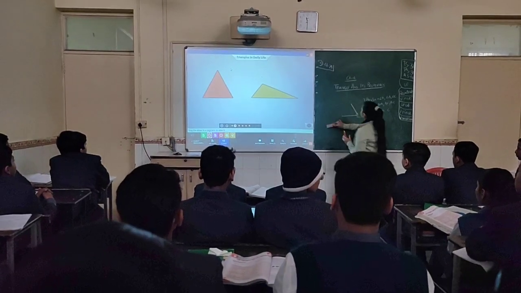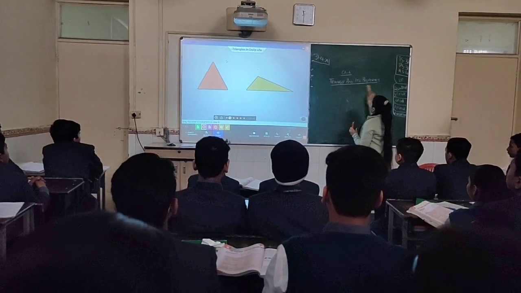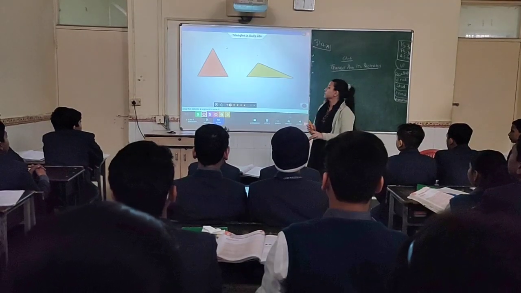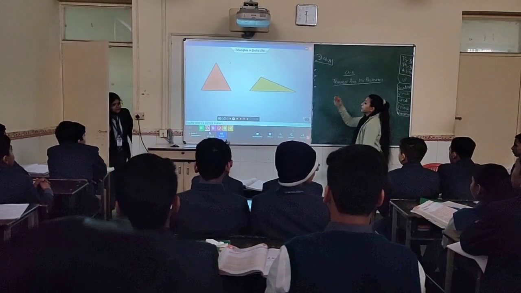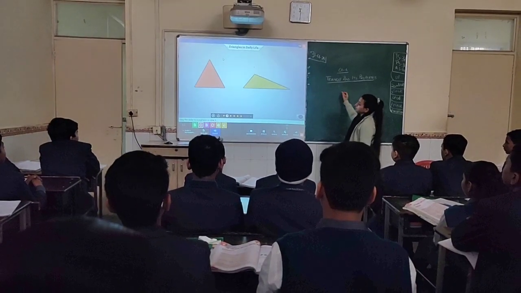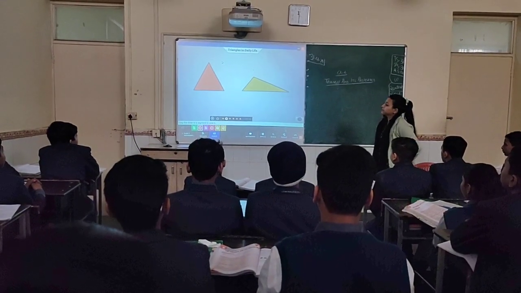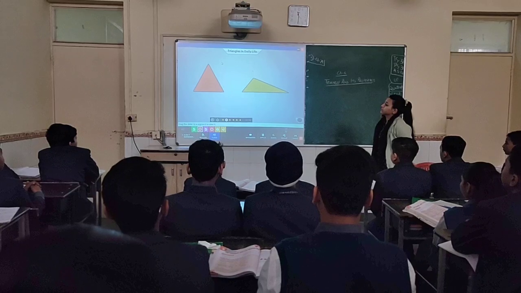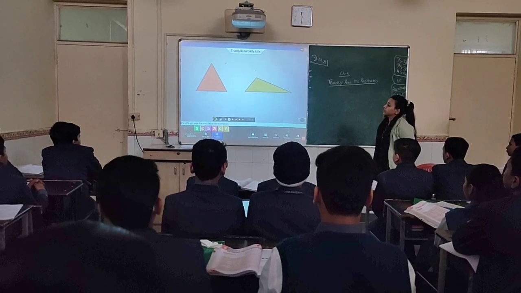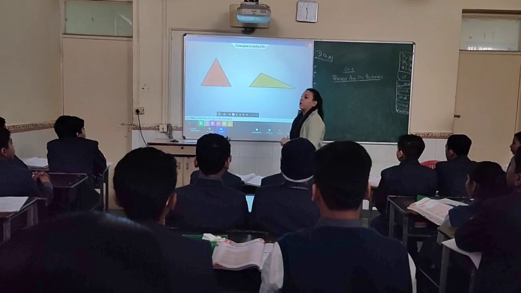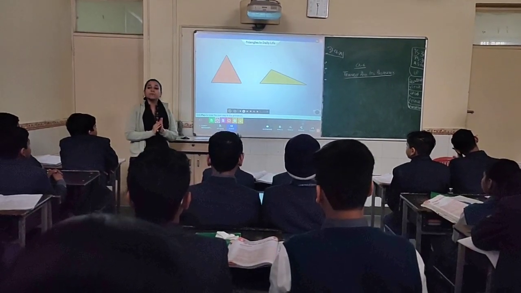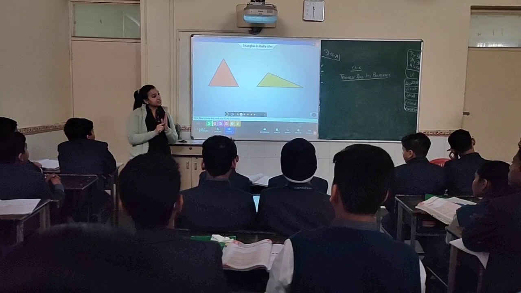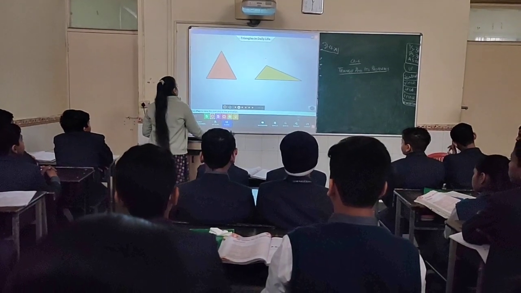Look at these two triangles. It is obvious that both the triangles have different dimensions. Let us proceed to learn about these differences in the parameters and their consequent properties. Okay, now we are going to study about the different types of triangle on the basis of angles and sides.